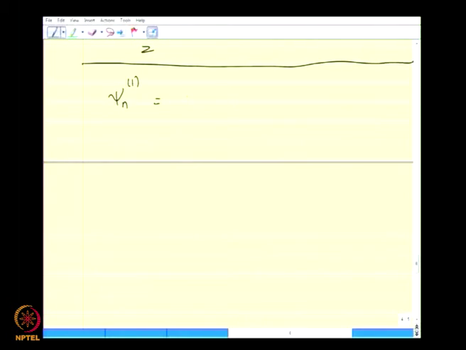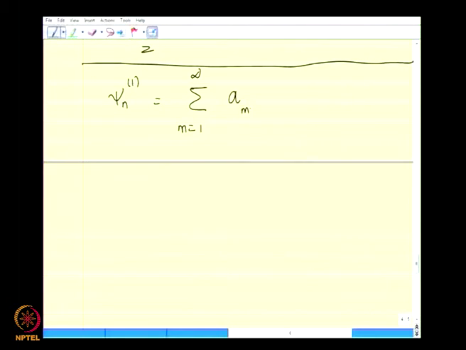as a linear combination including the psi n0. Let me rewrite this in a slightly different way. Okay. Sum over m equal to 1 to infinity a m n.